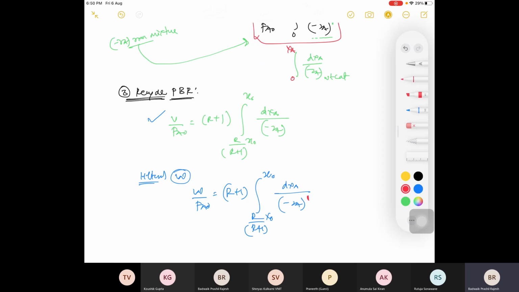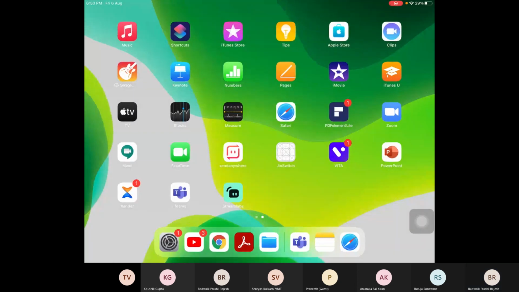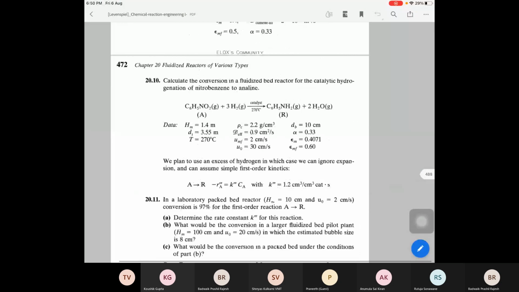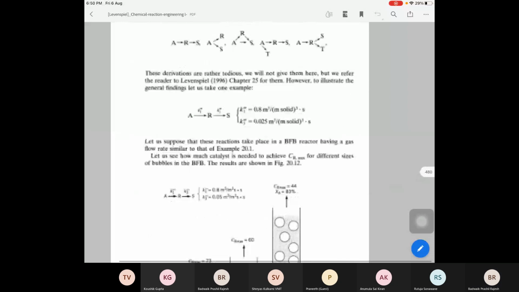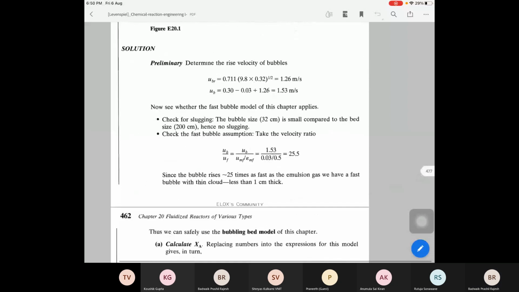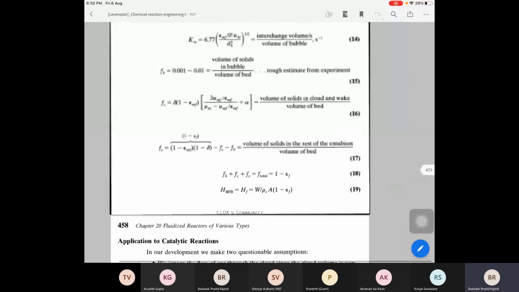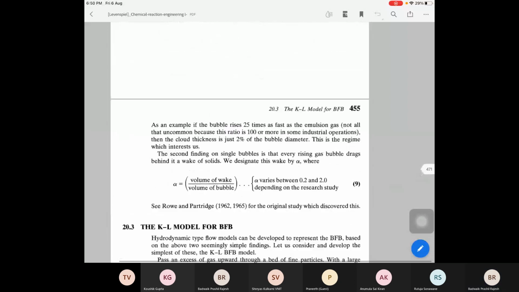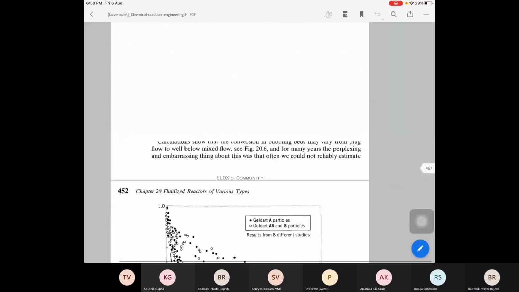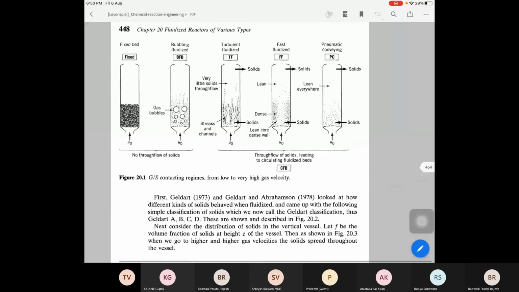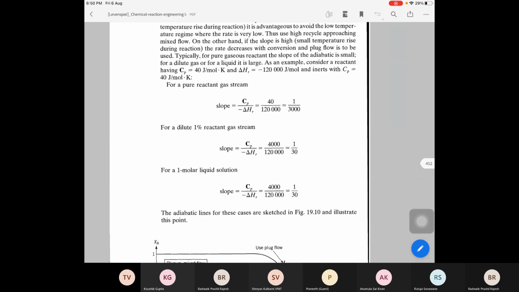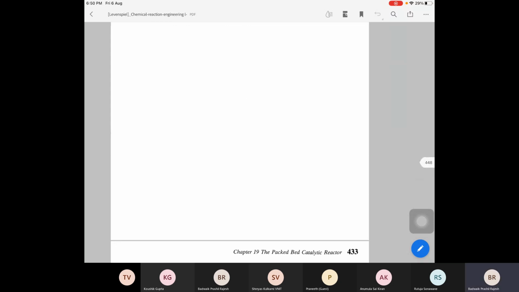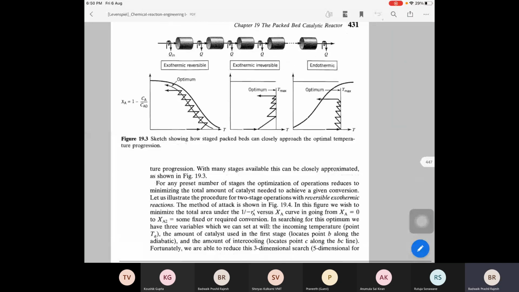If you want to see how this recycle packed bed reactor looks, maybe I can show you. Wait, where is that? Chapter number, I guess it is 18.